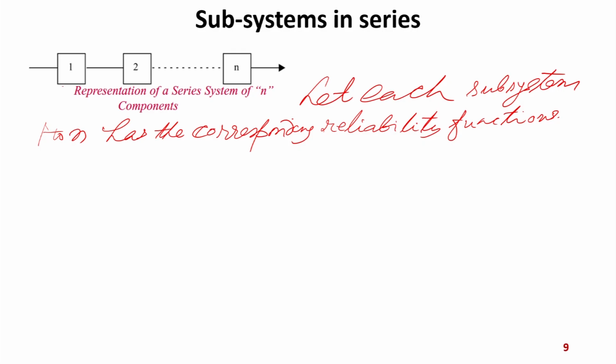These are the probability functions. So, it can be R 1, then R 2, and R n respectively.